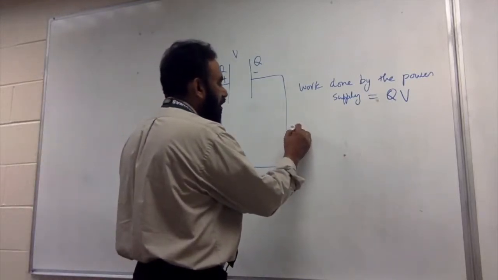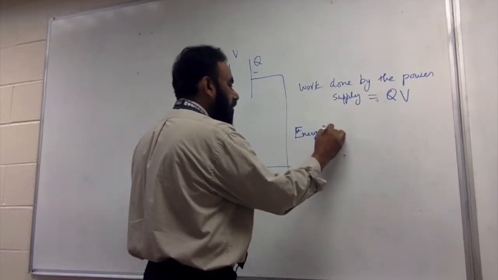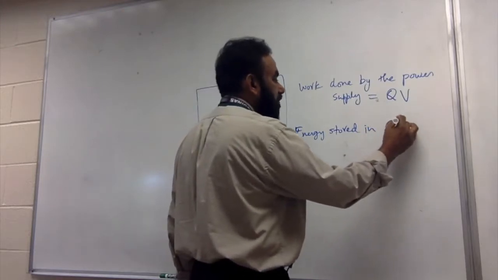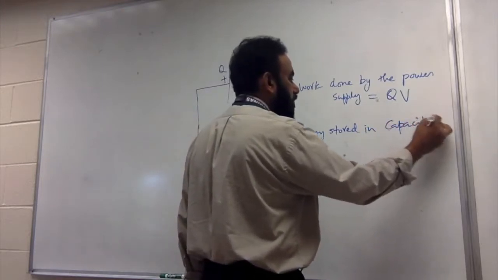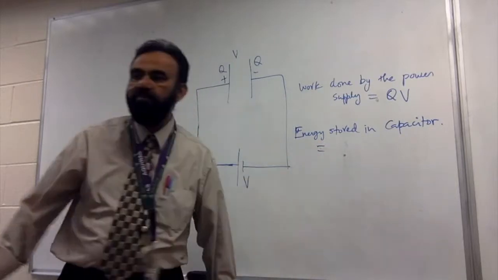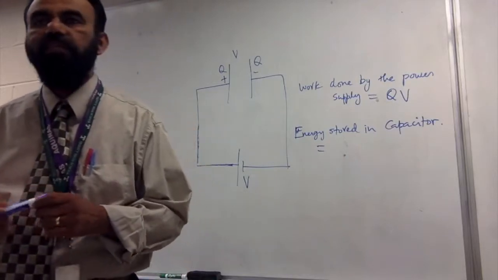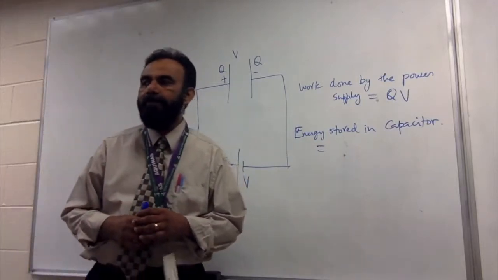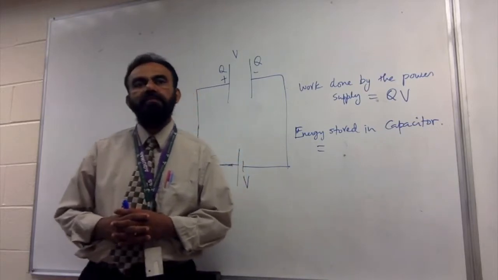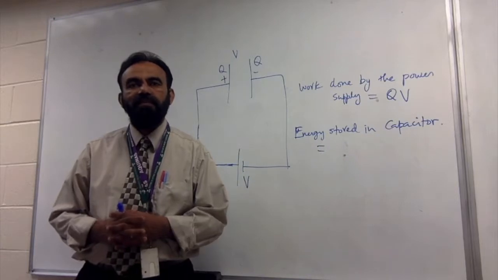Now, what is the work done, energy stored in the capacitor? What is the energy stored in the capacitor? That you can say. What is it? What is the energy stored in the capacitor? Yeah.